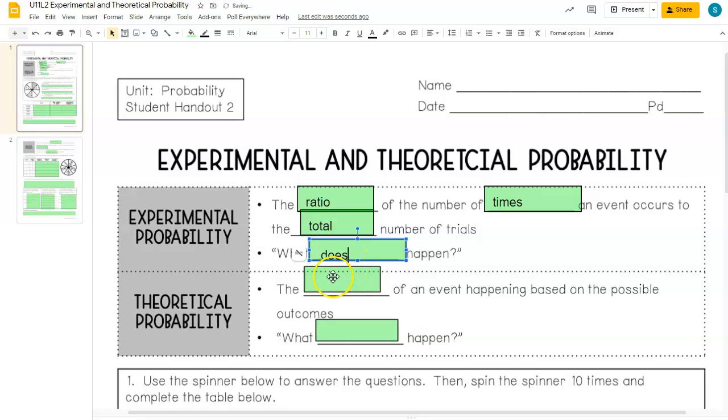Whereas theoretical probability is the probability of an event happening based on the possible outcomes. What should happen?